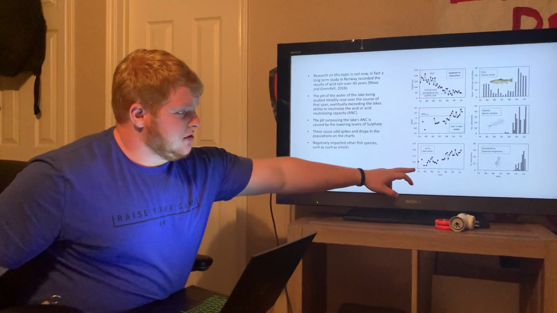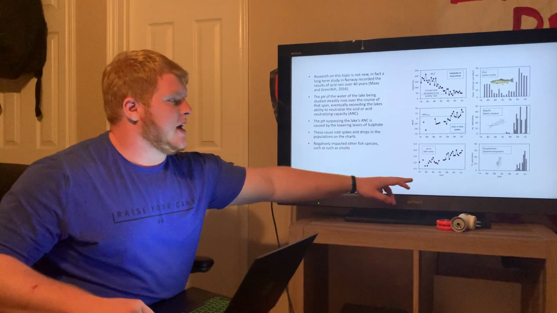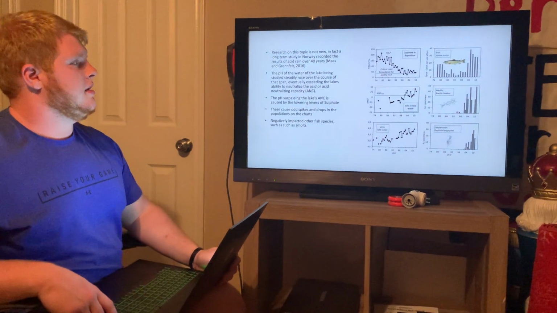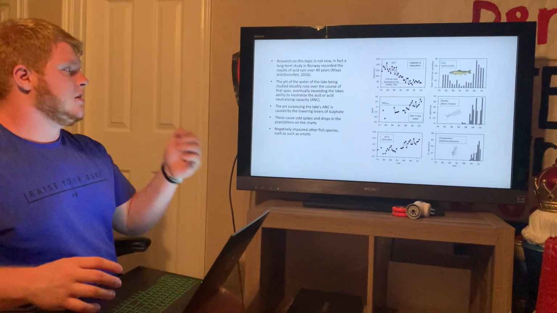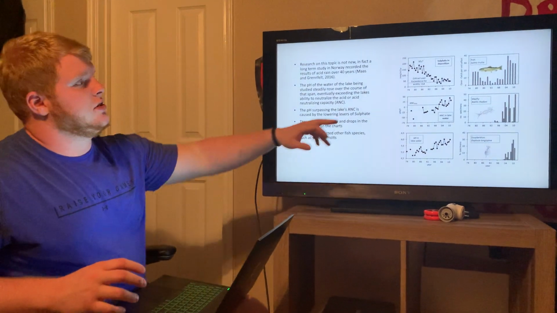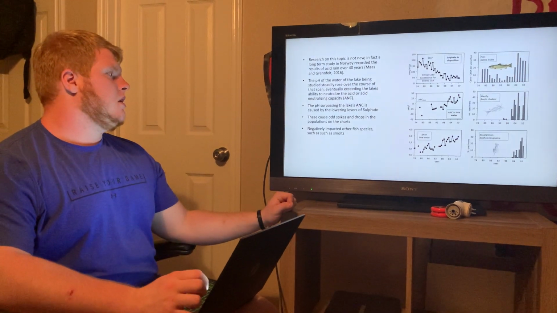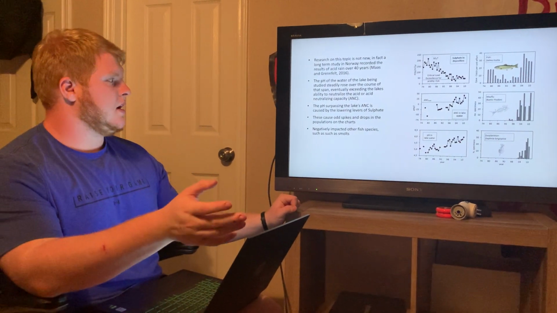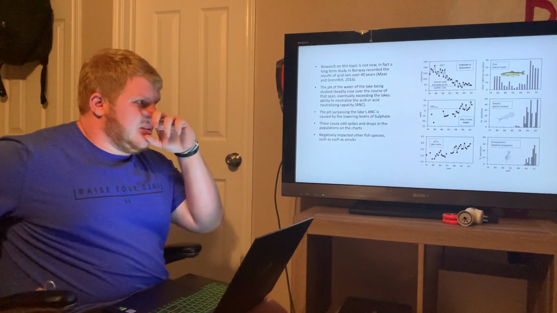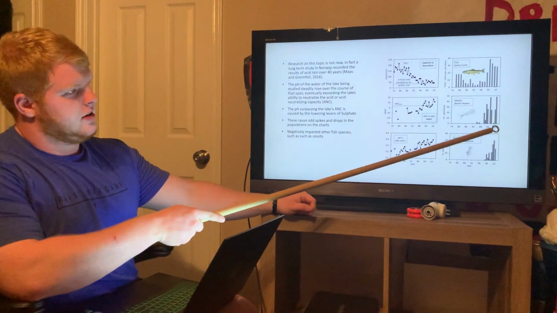And this is also just another graph of the pH in the lake steadily rising. The pH surpassing the lake's ANC was also caused by lowering levels in sulfate, as you can see in this graph. These cause odd spikes in the populations of many species, as you can see in this chart, and this chart.